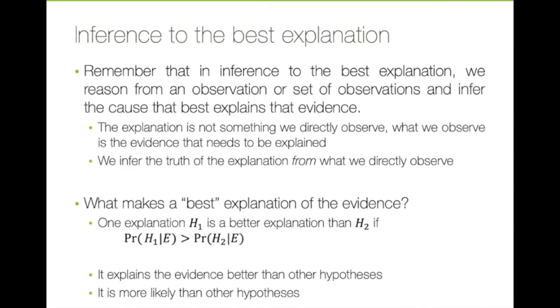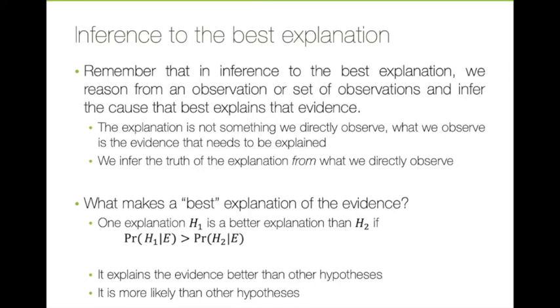We're now going to turn our attention from enumerative induction to another form of inductive inference. That's inference to the best explanation. Remember that in inference to the best explanation, we reason from an observation or some set of observations, and then we conclude or infer the cause that best explains that evidence.